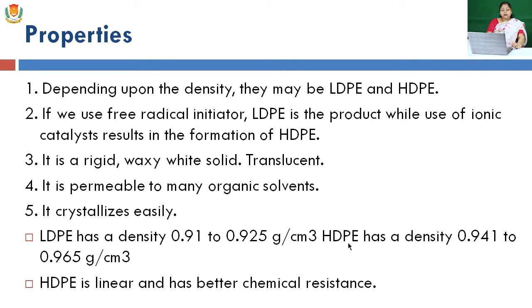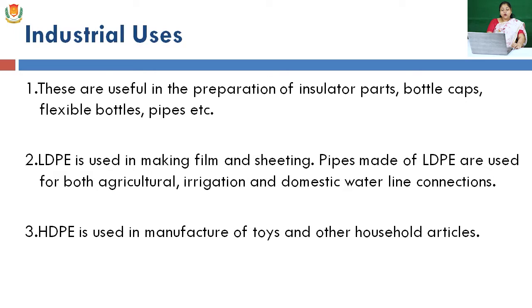It is permeable to many organic solvents. Polyethylene crystallizes easily. The density of LDPE is 0.91 to 0.925 gram per cubic centimeter, and HDPE has a density of 0.94 to 0.96. HDPE possesses linear chains and has better chemical resistance.